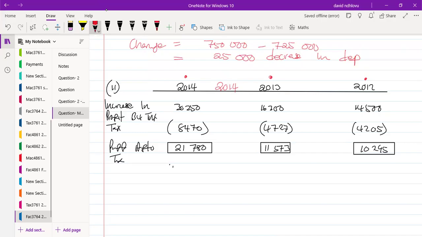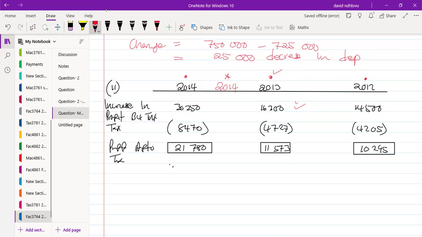Right, so we can see that in terms of the closing inventory, now I'm looking at this in terms of 2014, but looking at opening inventory of 2014, which comes from 2013. Right, there was an increase in opening inventory of 2014 because closing inventory of 2013 is opening inventory in 2014. And we are saying that an increase in opening inventory will increase the cost of sales in 2014 and therefore will decrease profit in the year 2014.